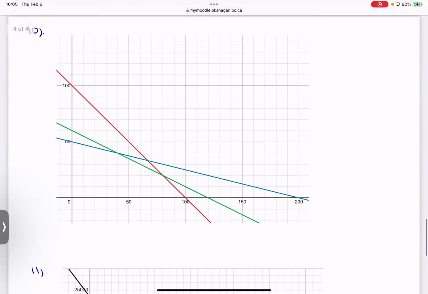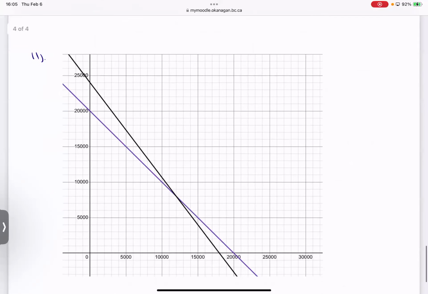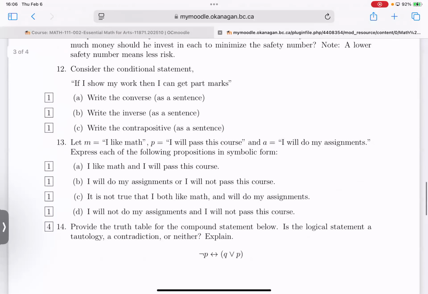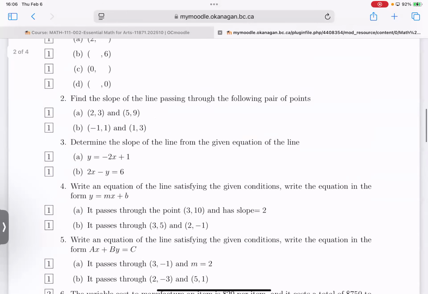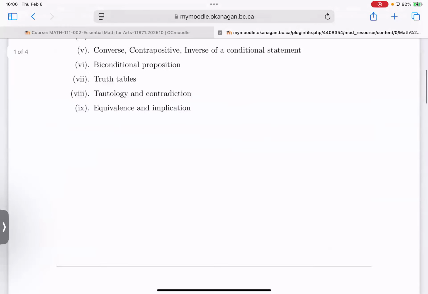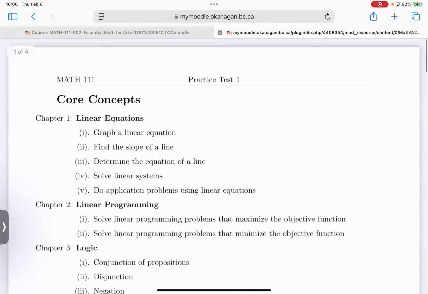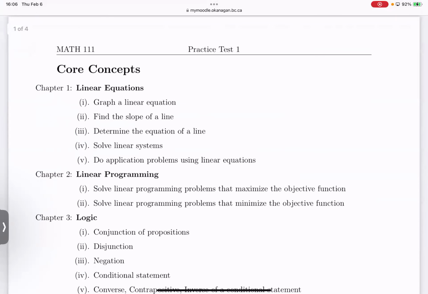So the graph for 10 and 11 is on the very back page there. 11's kind of sneaky. Because I just whipped those together, I really hope they're the right graphs. We'll find out.